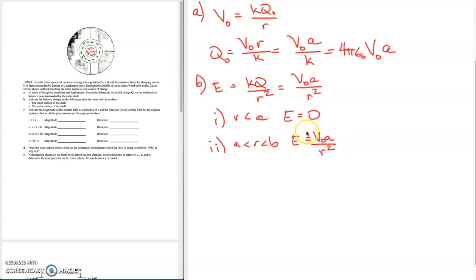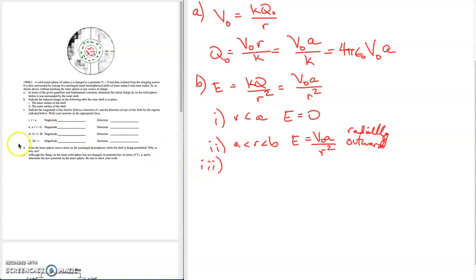These are in terms of the givens. Keep in mind that Q naught is not one of the givens, so we shouldn't have that in our answer. And as long as the potential is greater than 0, that means the charge is greater than 0. It's a positive charge. That means we're going to have an electric field pointing radially outward.